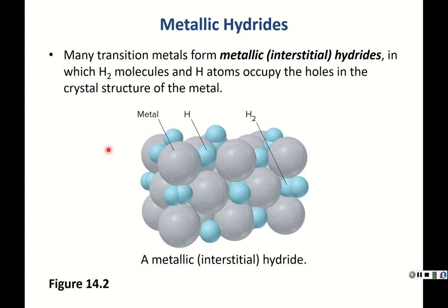One problem is though storing enough hydrogen gas. It's so small that it can diffuse through lots of different things, and so one way to store hydrogen is in metal matrices like this, where the hydrogen gas can get stuck in a metal crystal structure.